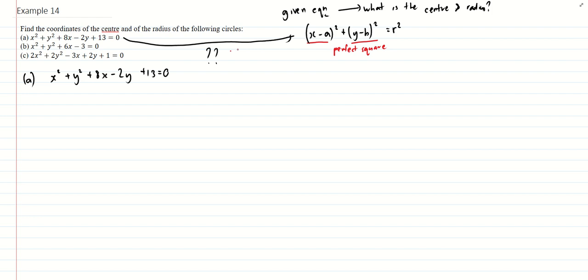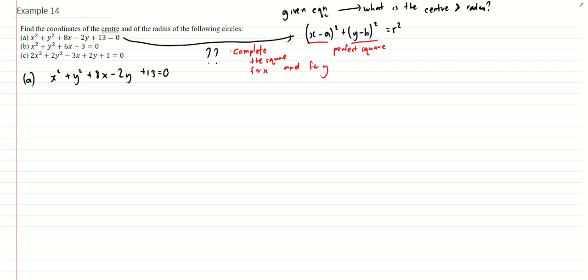What you will need to do for today's lesson will be to complete the square for x and for y. You should realize that the first term here has only x, the second term only y, and here is only numbers.